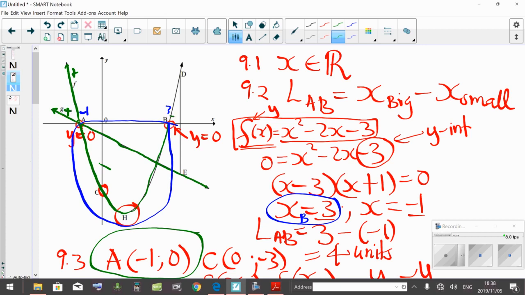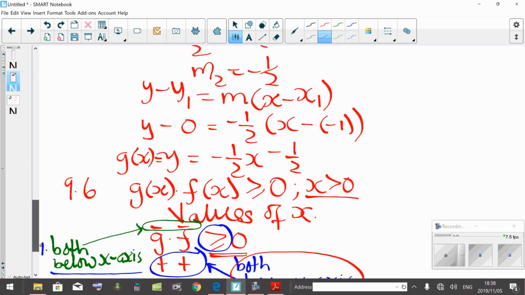That is the only place where they are both above the x-axis. If you look at the other place where f is above the x-axis, however, g does not appear above the x-axis. In fact, g appears below the x-axis. So we are not interested in this scenario. We only want the case where they are both above, because we want to get a positive answer when we multiply the two.